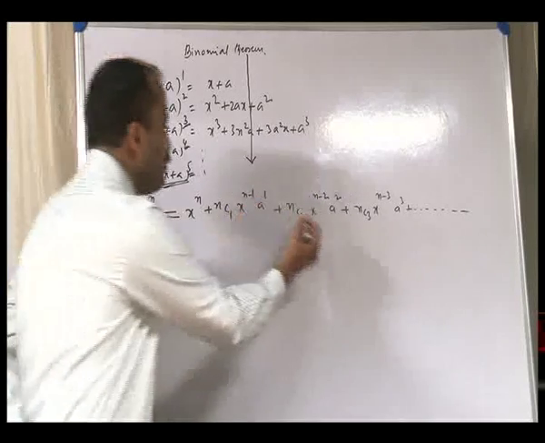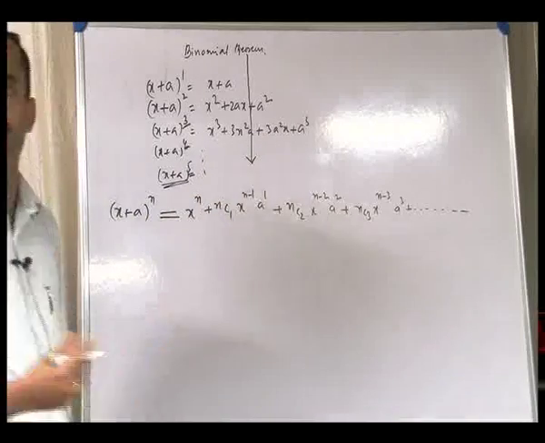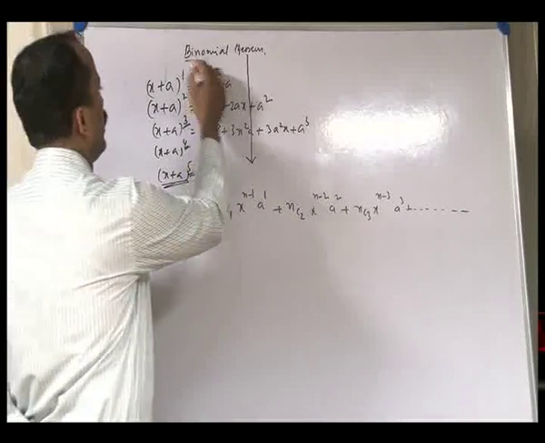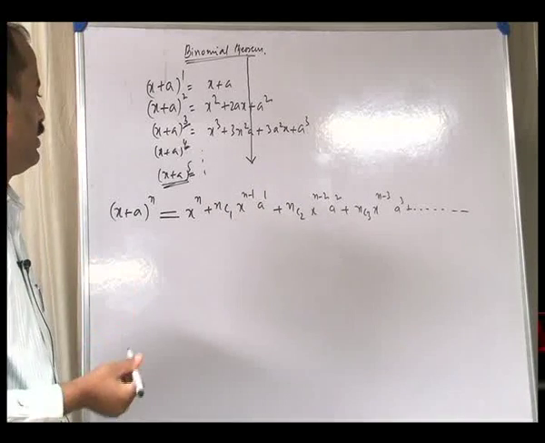This type of expression for (x plus a) whole to the power of n for a positive integer is called the binomial theorem, or the statement of the binomial theorem.